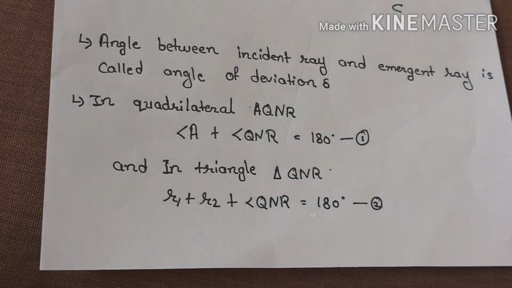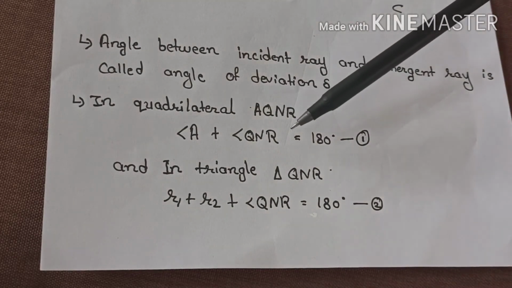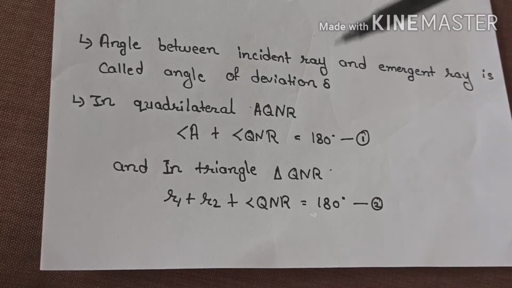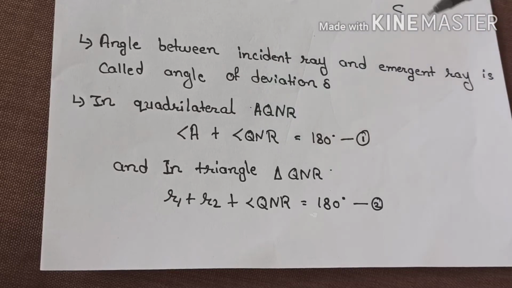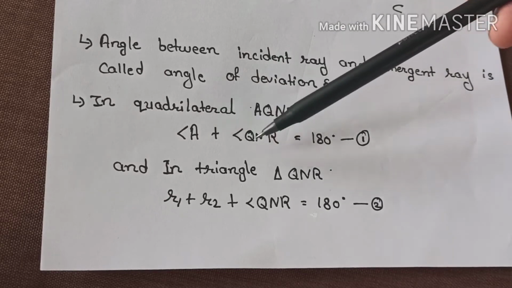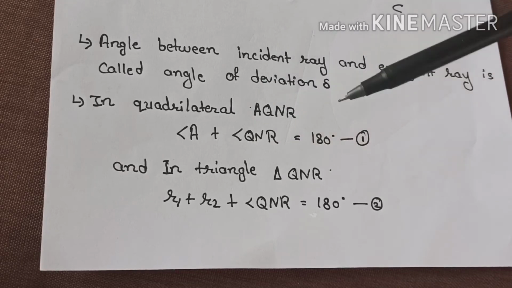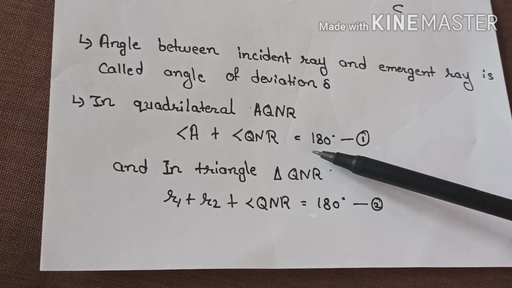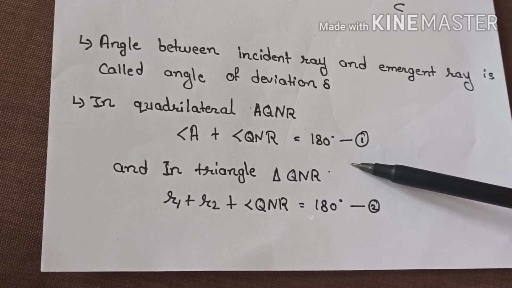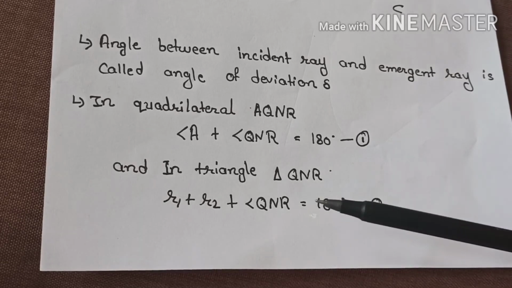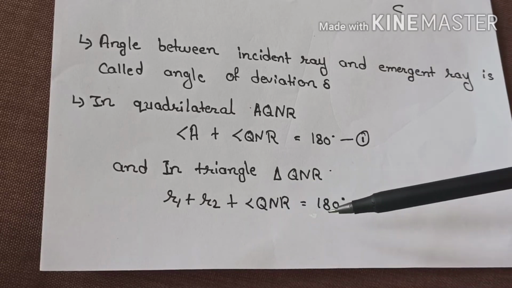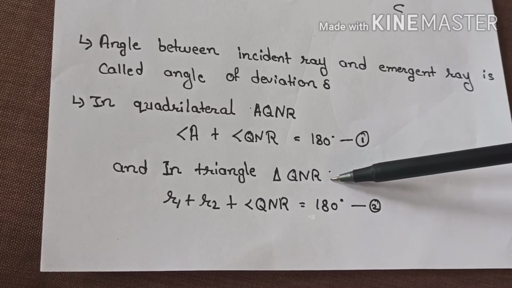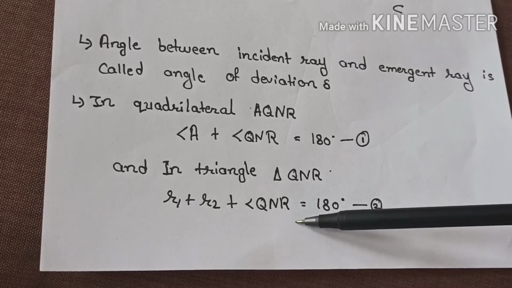Here in quadrilateral AQNR, the opposite angles A and QNR have a sum of 180 degrees. And if you look at the triangle QNR, in that triangle the sum of all angles R1, R2 and QNR is 180.